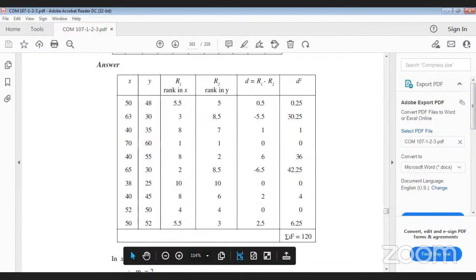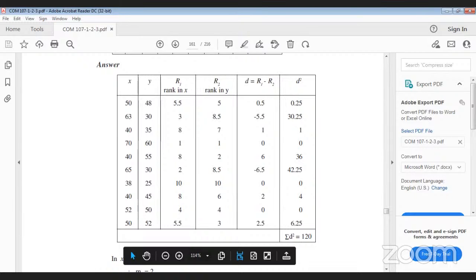And then for the third rank, 8 minus 1 is equal to a difference of 1 here. Then next is 8 minus 2, a difference of 6 here. Then 2 minus 8.5. We cannot subtract 8.5 from 2, but we can subtract 2 from 8.5.